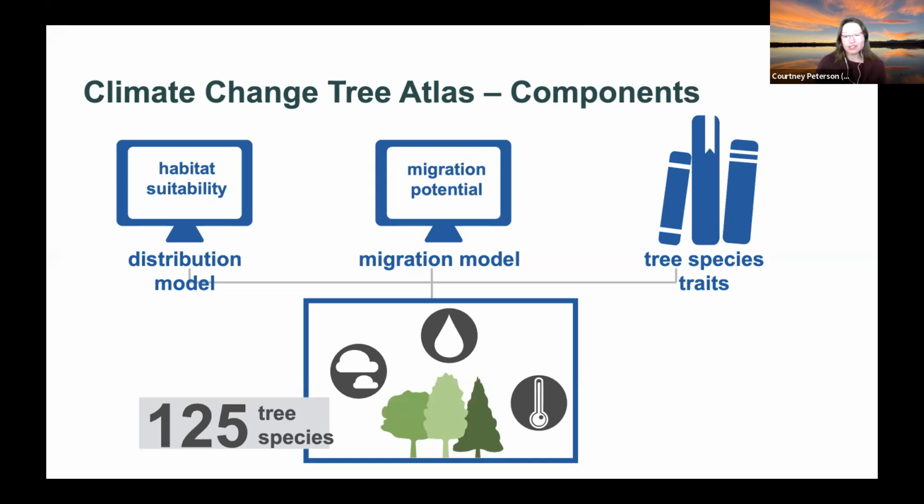All of this information can help us make decisions about how we want to manage our forests, or simply get an idea about how the environment might be different in the future under a changing climate and different climate scenarios.